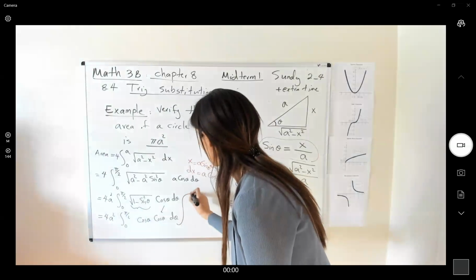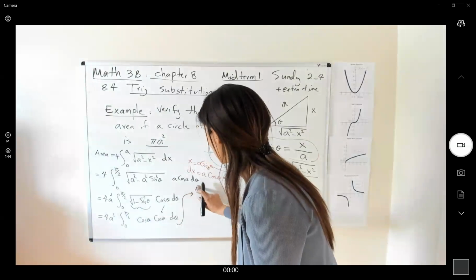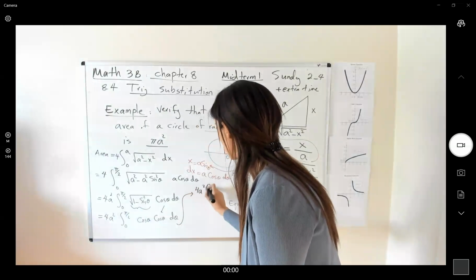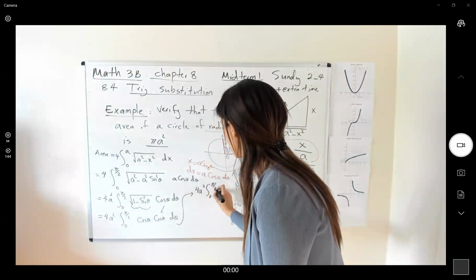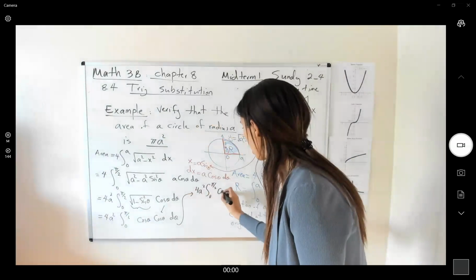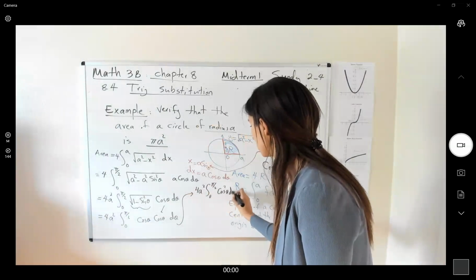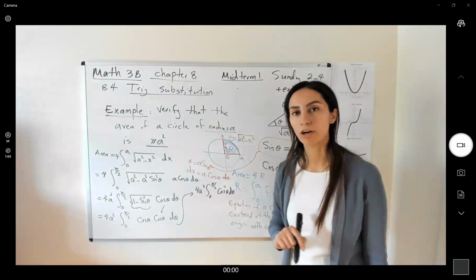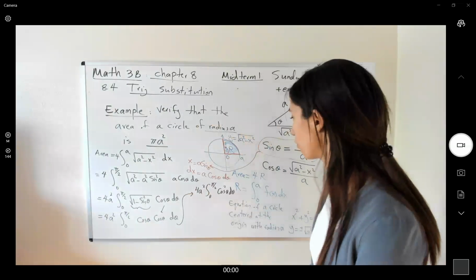So this integral is 4a squared integral 0 to pi over 2 cosine squared of theta d theta. Cosine squared is 1 plus cosine 2 theta divided by 2.